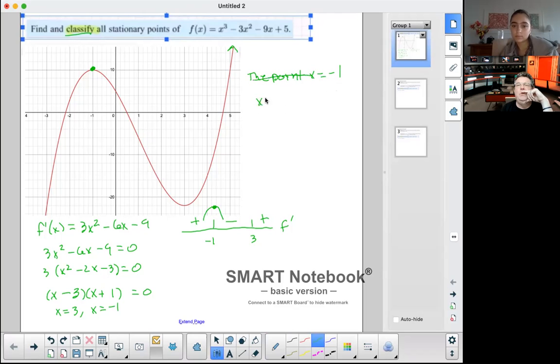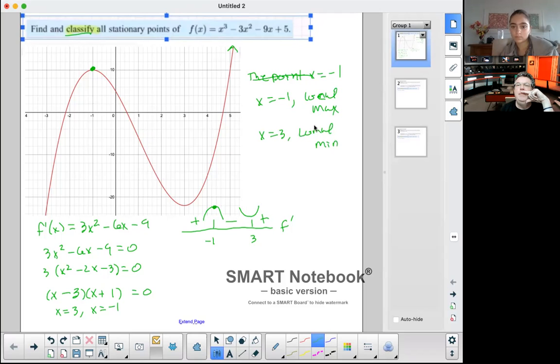I'd say x equals -1, local max. And I know it's local because it's a cubic. Same idea here: it starts decreasing, decreasing, equals 0, and then it's positive, so it's increasing. So at x equals 3, I have a local min.